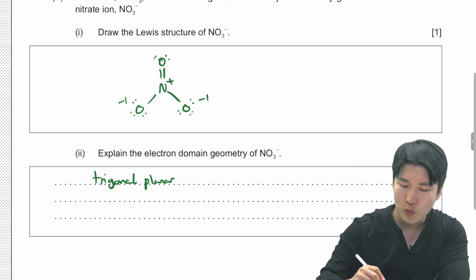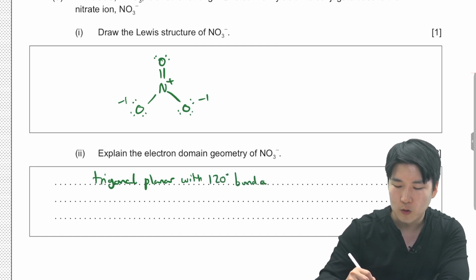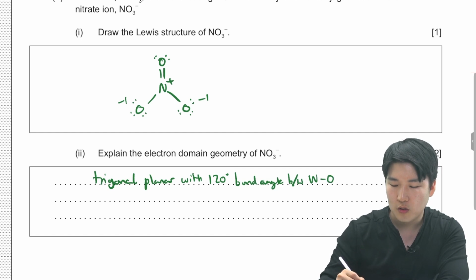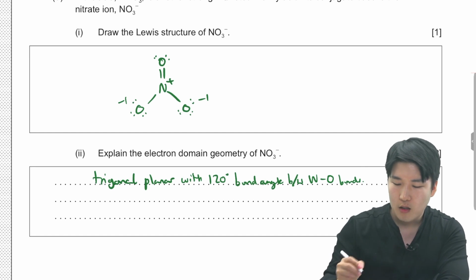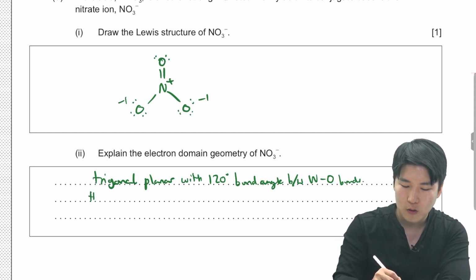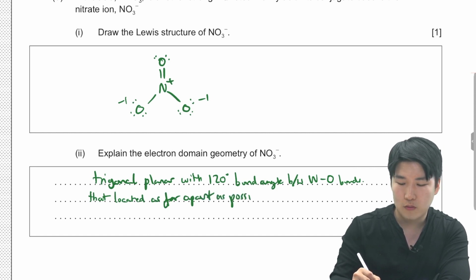Trigonal planar geometry with 120 degrees bond angle between the nitrogen to oxygen bonds, and they are located as far apart from each other as possible.